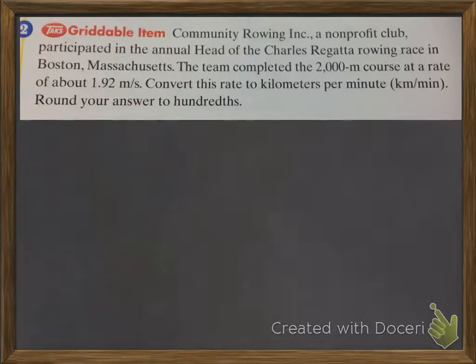Alright, so the first thing we need to do is this. Write down our ratio, 1.92 meters per 1 second. That's a unit rate, but we want to convert it to kilometers per minute. So you get to choose what the first thing is you want to change.